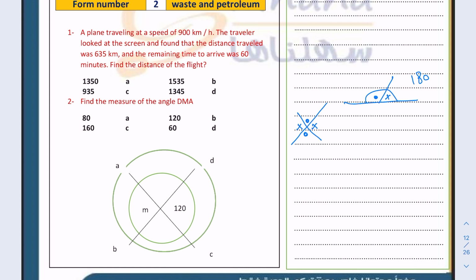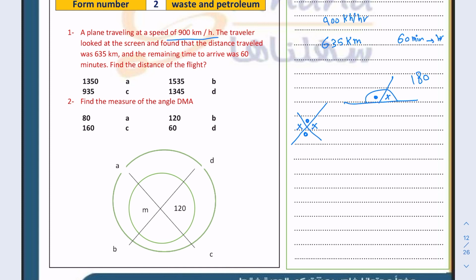Okay, let's read question number 1. We have a plane traveling at a speed of 900 kilometers per hour, and a person so that we still have 635 kilometers remaining, and we have 60 minutes, which is equal to 1 hour.